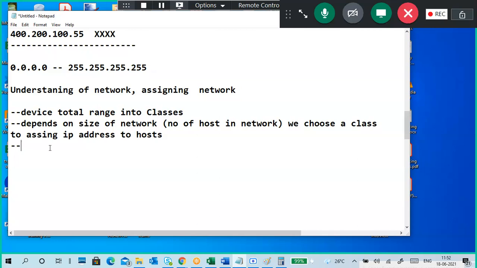We'll see the class ranges, and the identification of a class is the range of the first octet.